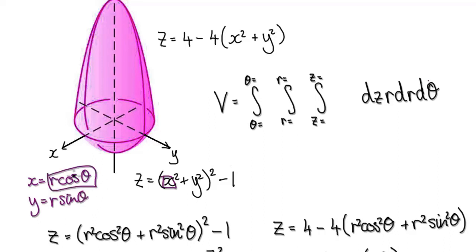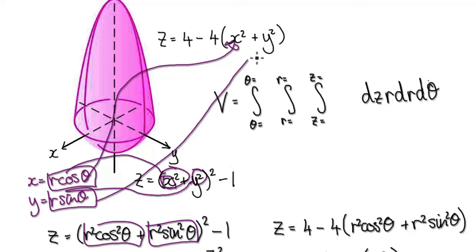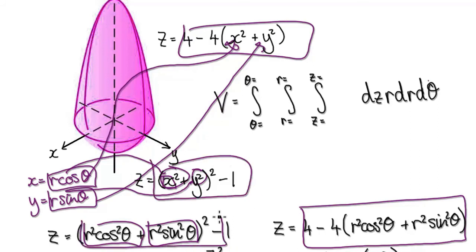So you put these in, square them, and do the same for the other surface, and that gives you these expressions.